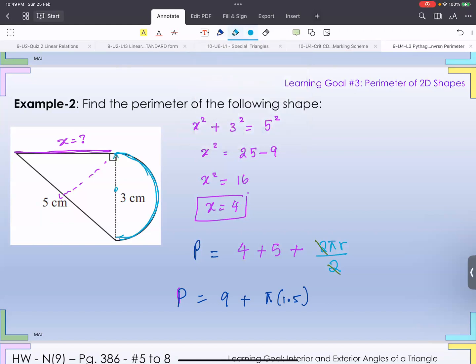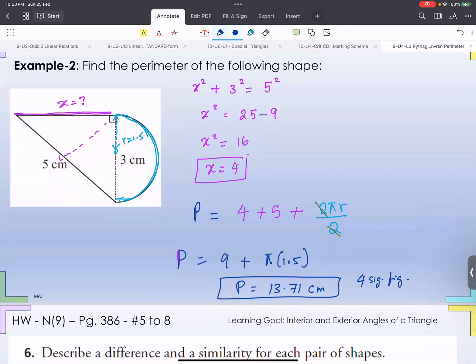Okay, so this radius r is 1.5. Yeah. Put that into your calculator. You should get 13.71 centimeters. 4 significant figures. That's not the exact value. Okay.